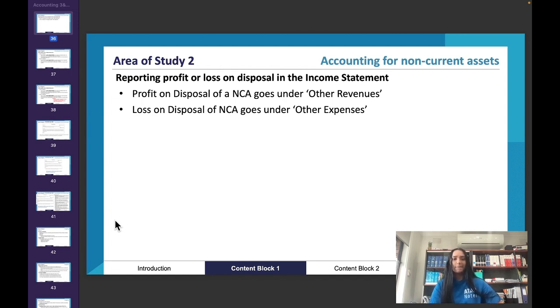So basically, to simplify all of that, first and foremost in the income statement, we have revenues and expenses that are related to sales, because selling inventory is the business's main source of income.